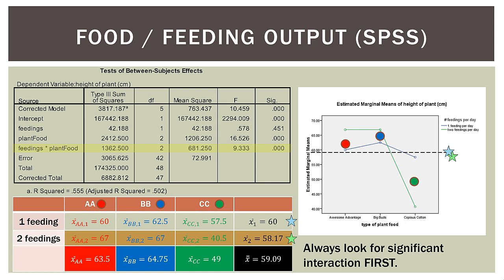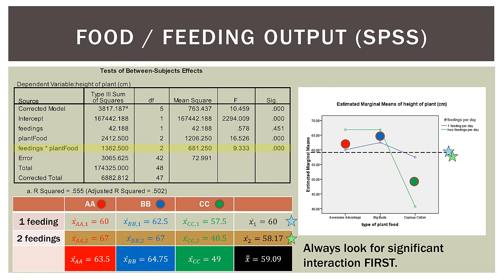But for this problem, we're going to take a look at that, because this is really important to understanding how all this fits together. Look over at our graph here on the right. Now look at our overall mean line, the black dashed line. Which of the two are on average further away from that? The column means, so the types of plant food, or the row means, the frequency at which we feed?